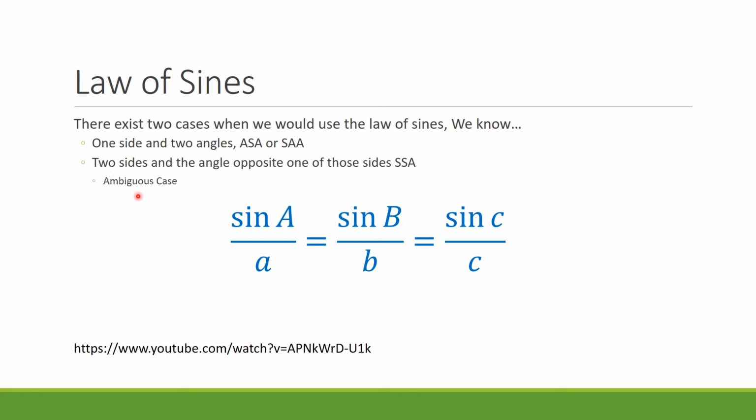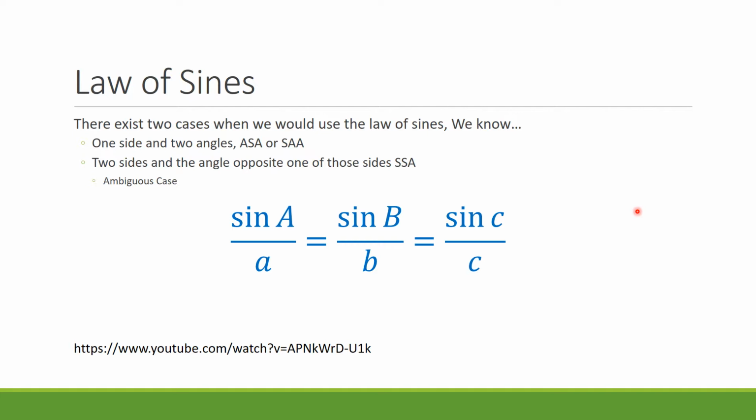And this is actually a very special case that we're going to focus on. It's called the ambiguous case. I want you guys to remember this because it's going to take a little bit of further investigation when we're solving. One way that you can remember when you're going to have to consider this is, if I was to re-scramble these letters, you could probably think of a spelling or an acronym that would help you remember when this is going to happen. But right here is the formula that we're going to use.